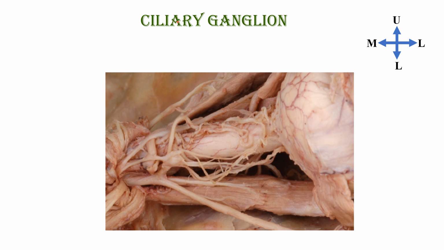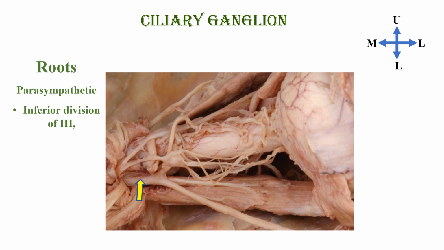That is the ciliary ganglion, a very interesting cadaveric specimen here, where you can find for each ganglion there are the roots. Parasympathetic, which is the inferior division of oculomotor, that is the inferior division of oculomotor here, where it's giving a branch to the ciliary ganglion.